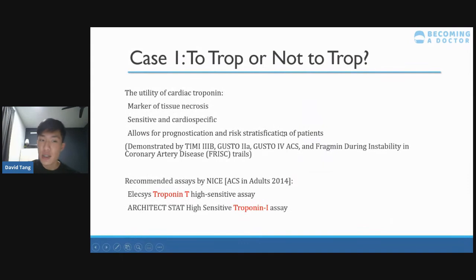For example, if a patient has high troponin on presentation with acute myocardial infarction, they tend to have poorer prognosis overall. NICE recommends these two technologies. You don't really need to remember the companies for exams, but basically it's troponin T or troponin I. There's another troponin subunit called troponin C, but that is less well known and less used in clinical practice.